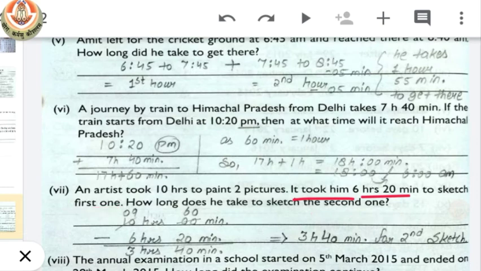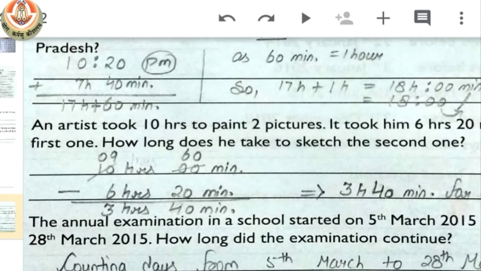As we know, in total he takes 10 hours, so we have to subtract 6 hours 20 minutes from those 10 hours. When we subtract 6 hours 20 minutes, we get 3 hours 40 minutes.